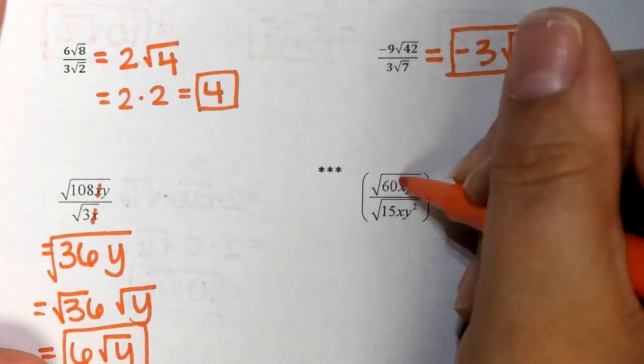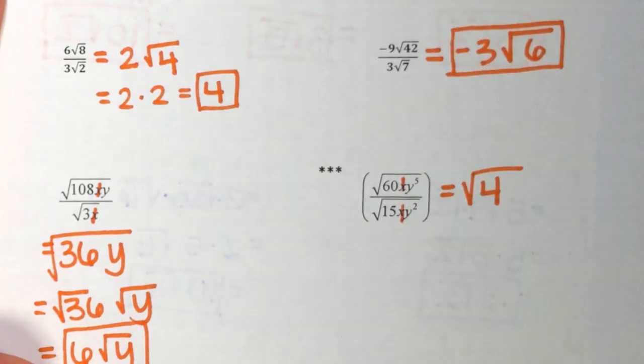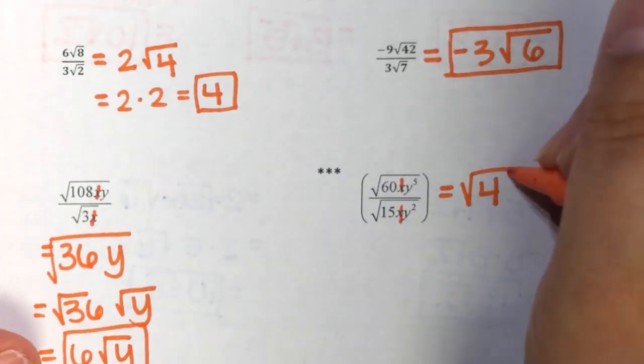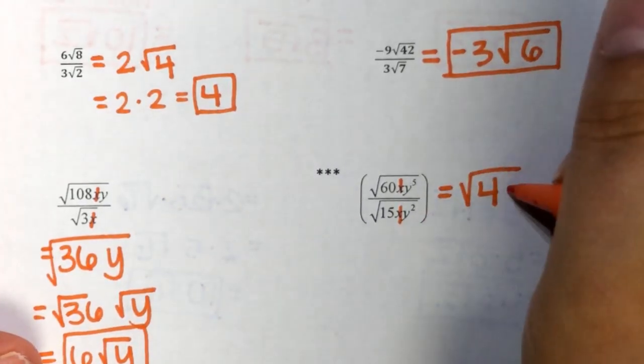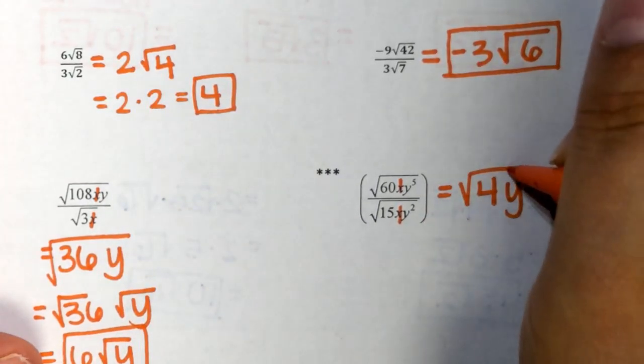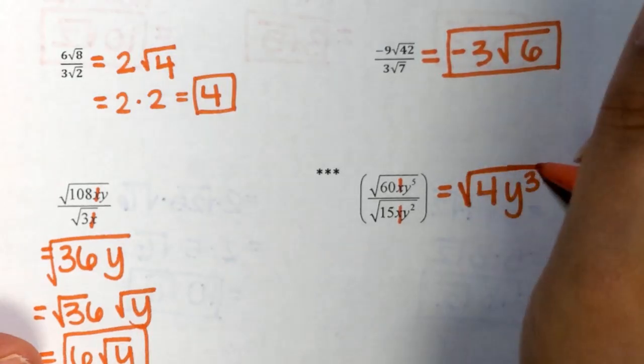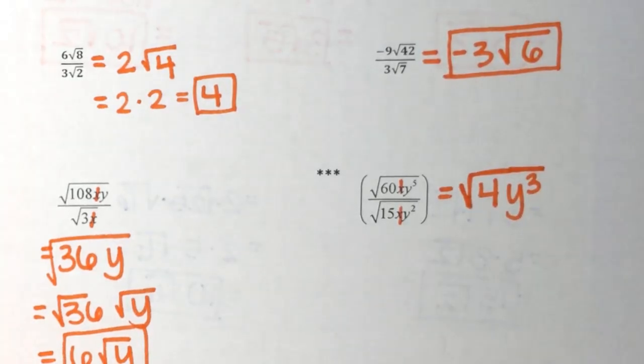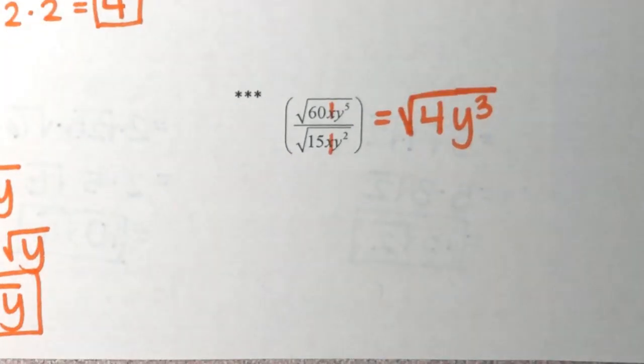What happens with my x's? What about my y's? Say it again. You subtract them, and 5 minus 2 is 3. Does everybody in here see and agree with how I did this problem?